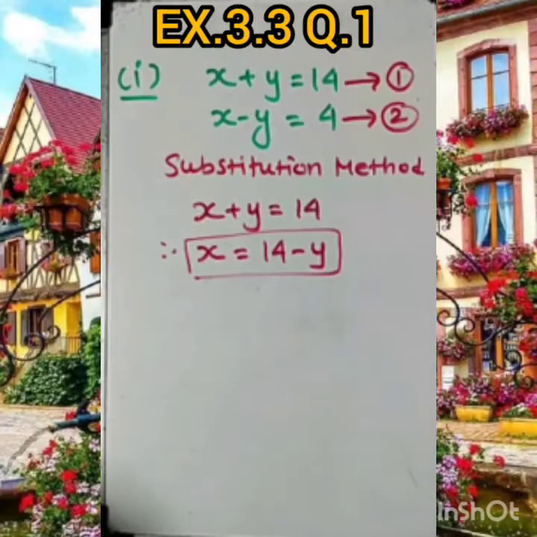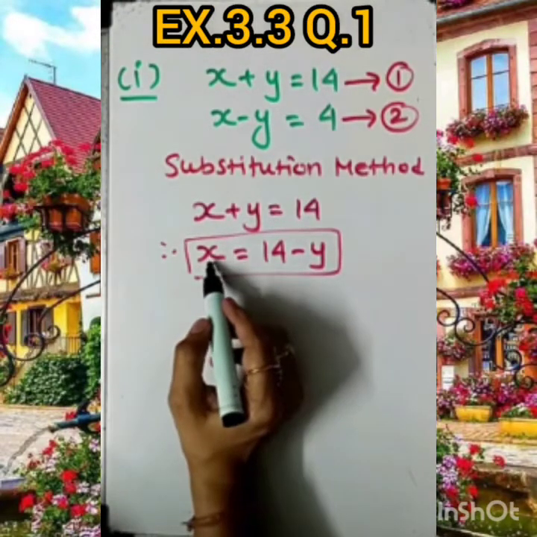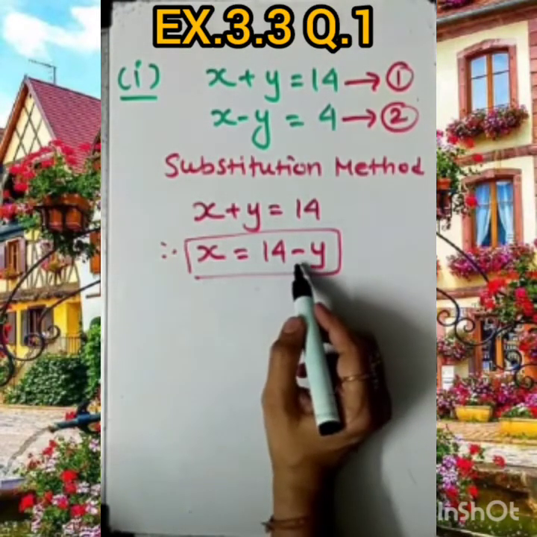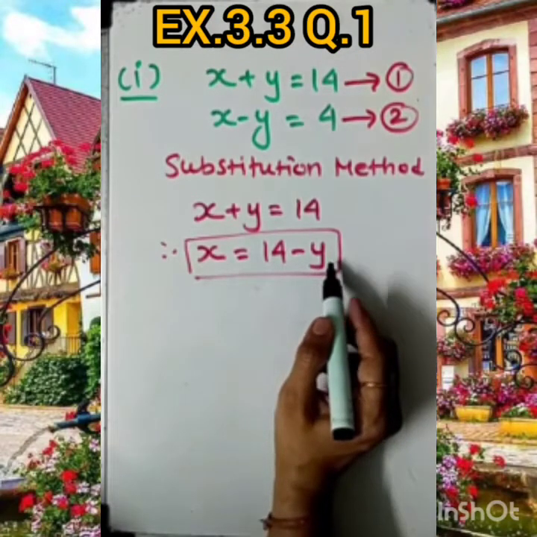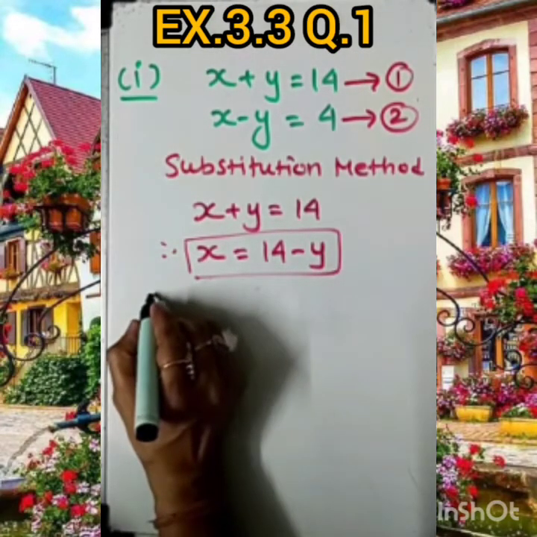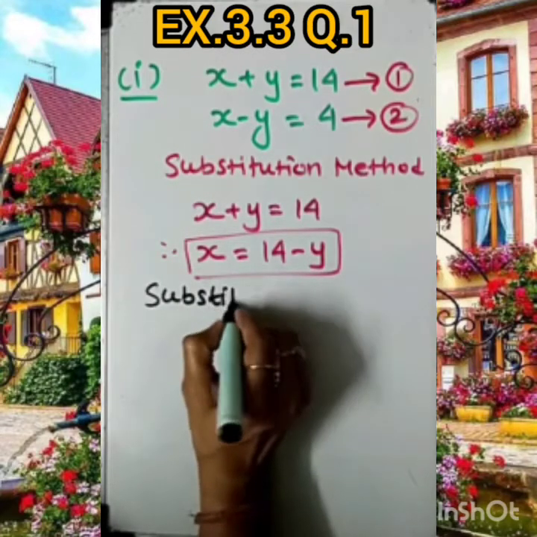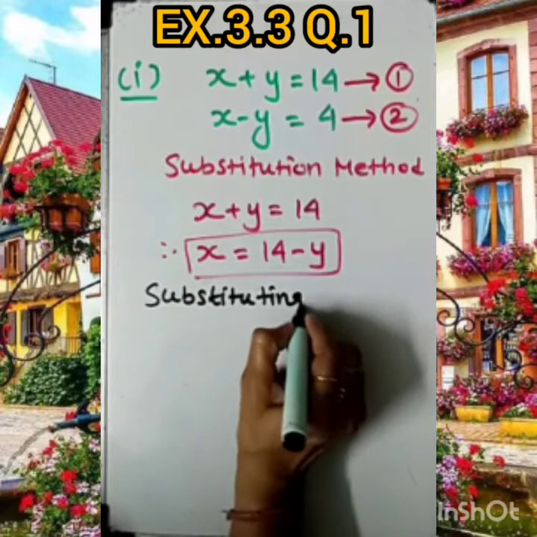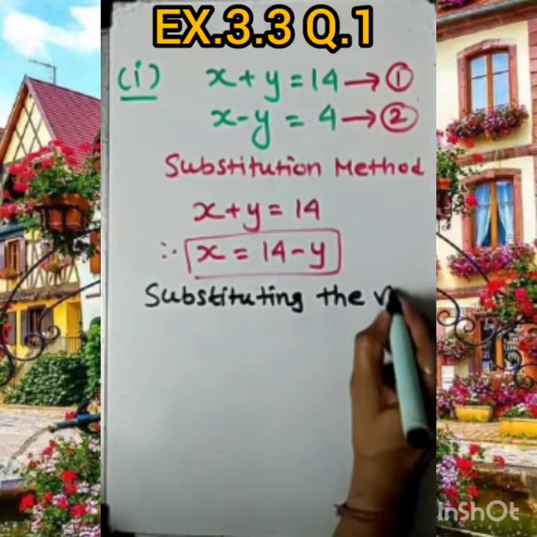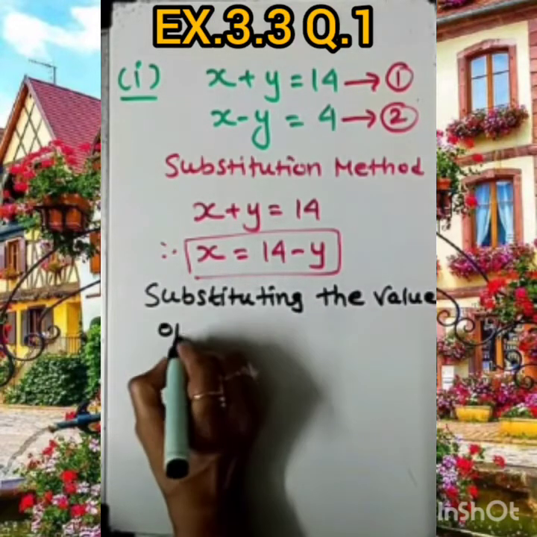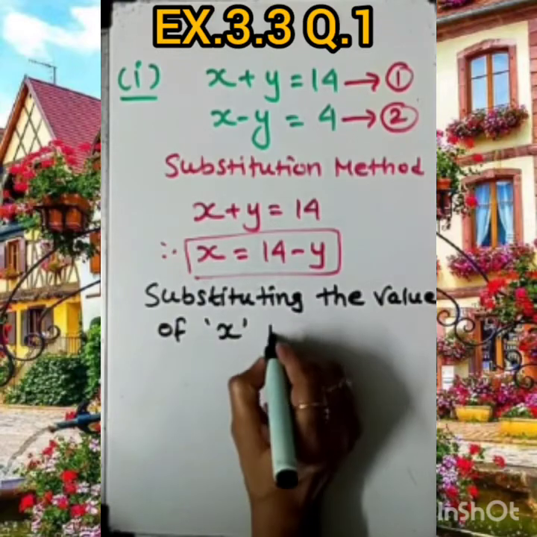So dear student, here I made x the subject, so I got 14 minus y. Clear? So what I am going to do now is substitute the value of x in equation number 2.